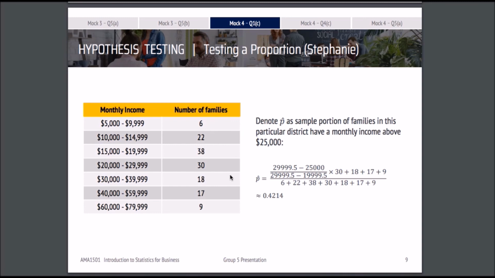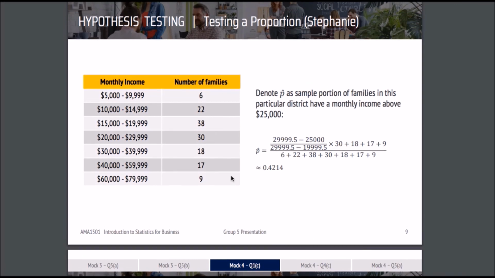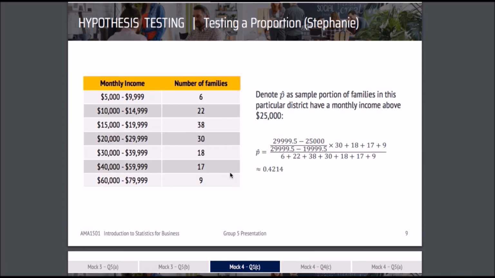In part C of this question, it tells us that if more than 40% of the families in this district have a monthly income above $25,000, the group will decide to open a new retail store. So test at a 5% level of significance whether the group should open the new retail store in the district.